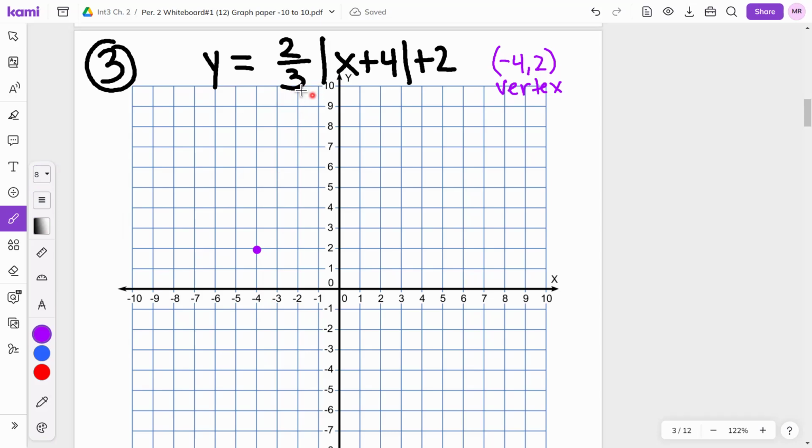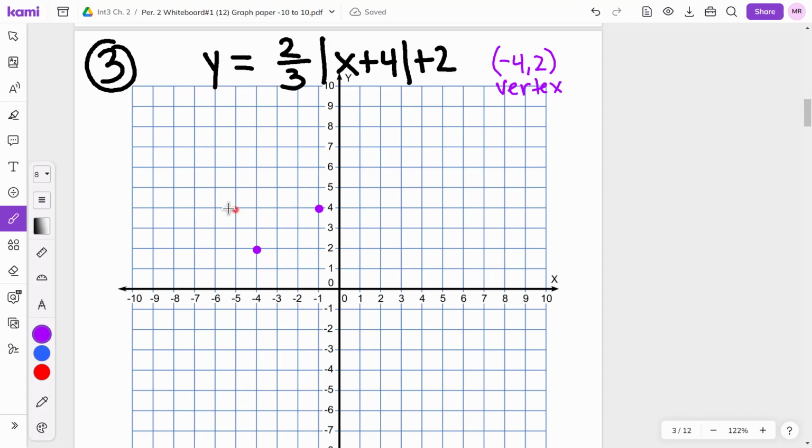Now, this stretch is really a stretch, just like the other graphs, but when you're talking about linear situations like a line or this absolute value, which is a V, you can think about this stretch, this A, as a slope. So this is 2/3. That means from here, I'm going to go up 2/3 in both directions.